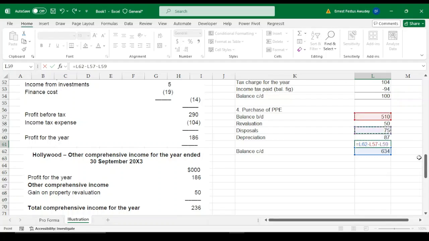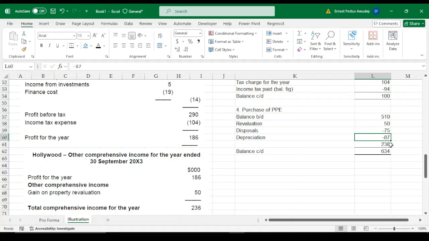So minus this, minus this, minus this, and minus this. Now, depreciation was subtracted, so I'll put my depreciation as a negative figure right there. And then also the disposal, because the property, plant, and equipment was disposed, it means it's a reduction of our property, plant, and equipment. We have sold it, so that one too will be a negative.